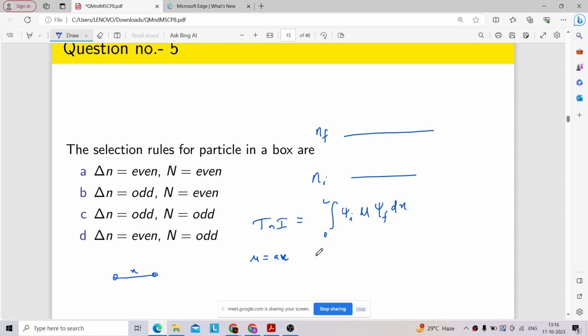So we can write this as root over 2 by L sine, psi f mu psi a.